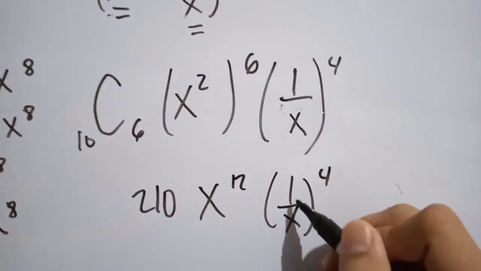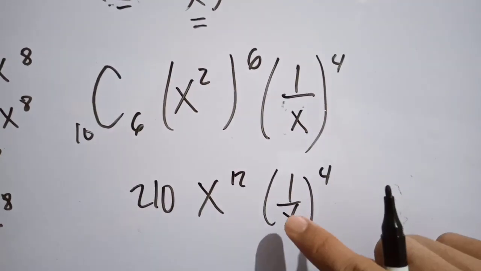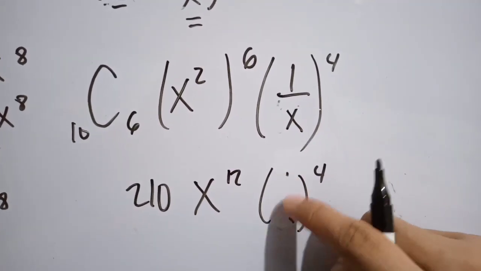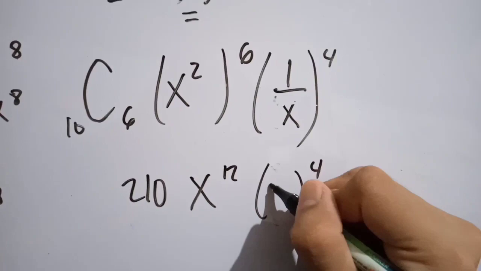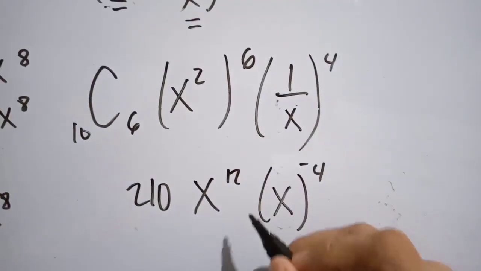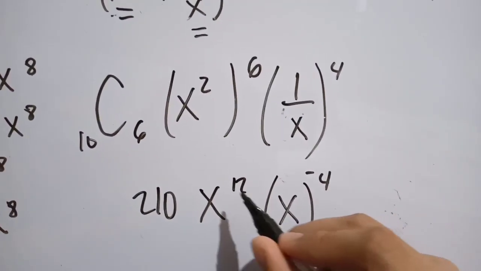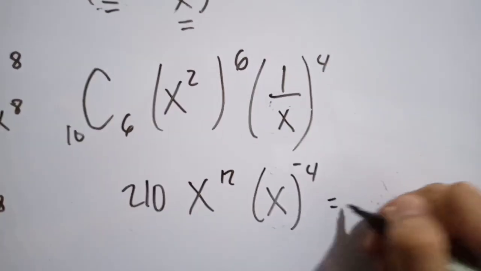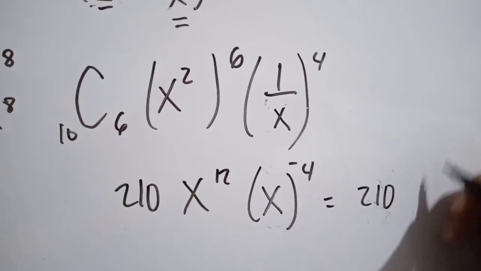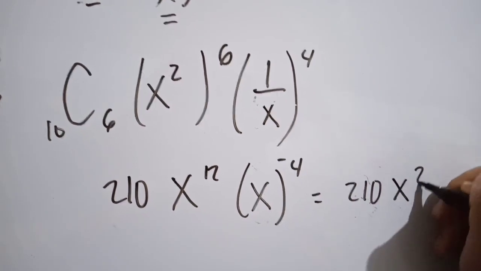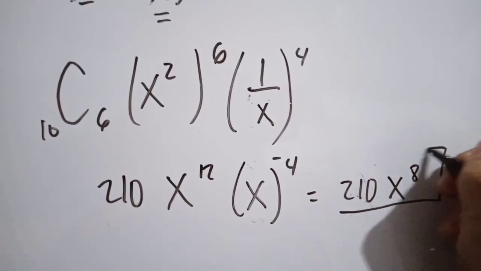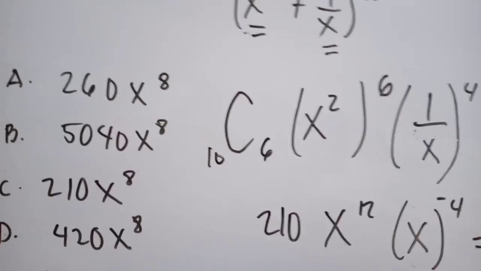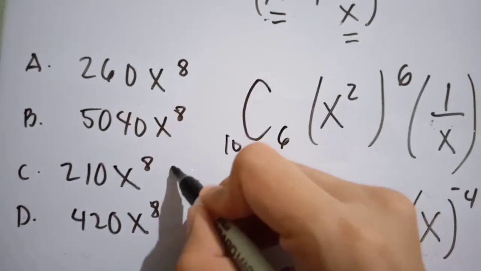Ito magiging x raised to negative 4 yan. So palitan natin. Kung i-inverse natin to magiging x raised to negative 4. So pag pinag-multiply mo tong dalawa, mag-add yung exponent nila. 12 plus negative 4 magiging 210 x raised to 8. So ito yung tamang sagot. 210 x raised to 8, which is letter C.